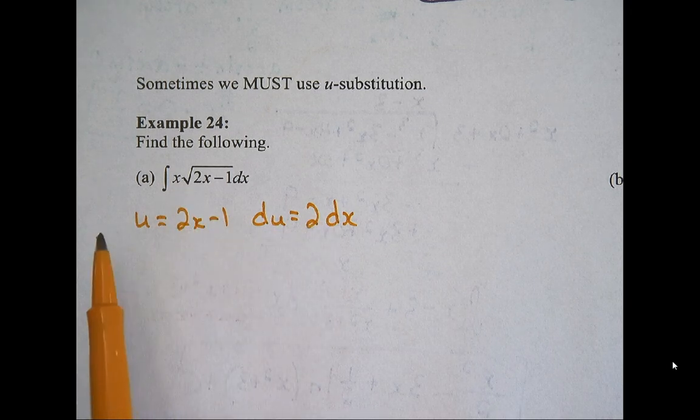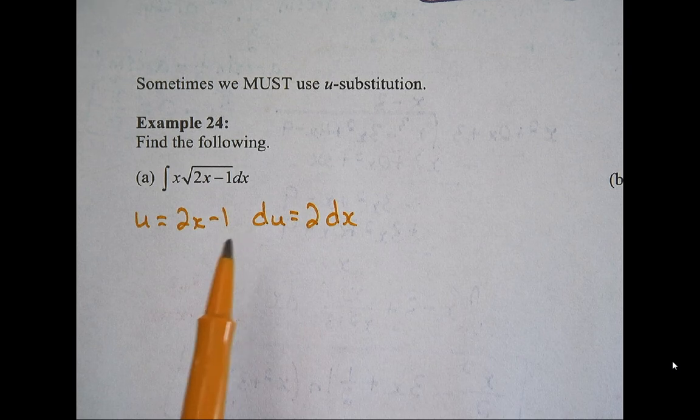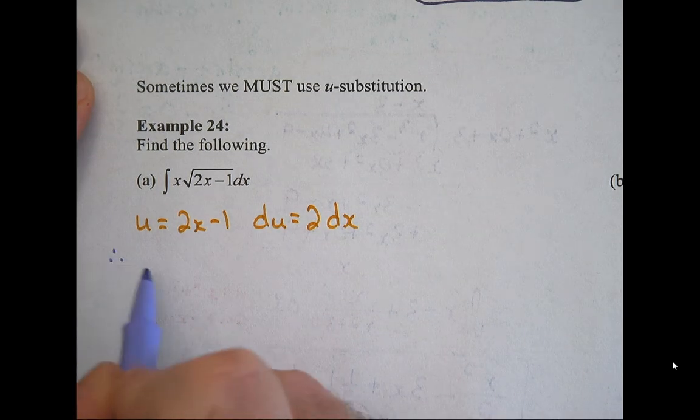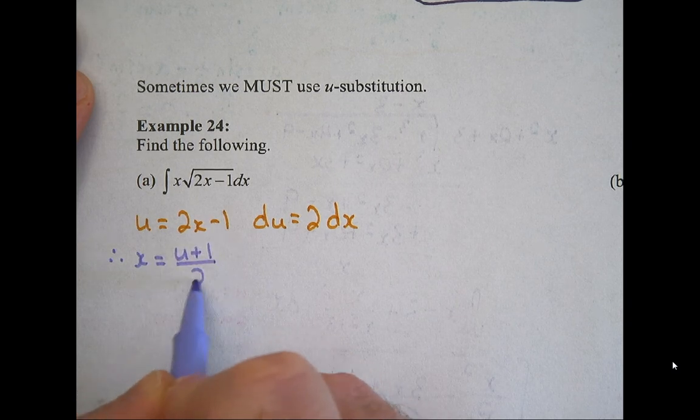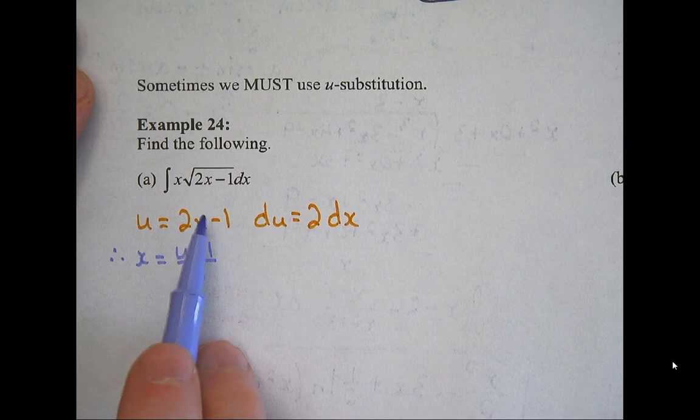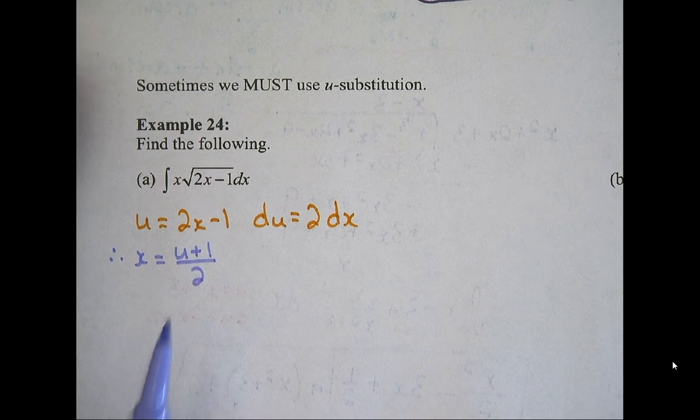Well, there's two ways to look at what u is. I can say u is 2x minus 1, but I could go the other way as well. So if u equals 2x minus 1, then therefore x must be equal to u plus 1 over 2. All I did was resolve this, bump over the 1, and divide by 2. I now solved that thing for x.